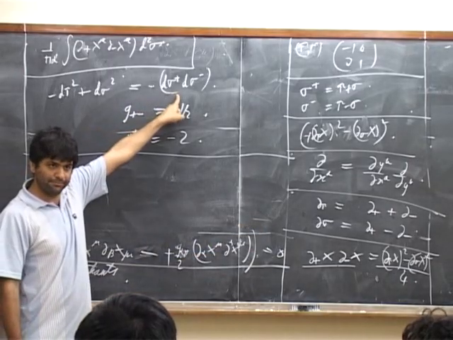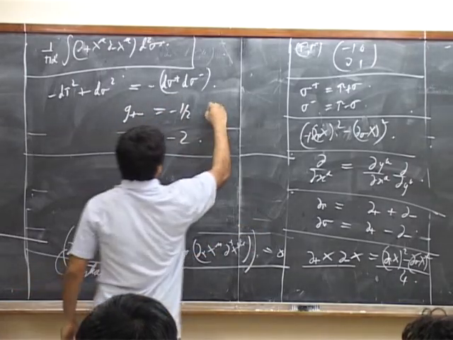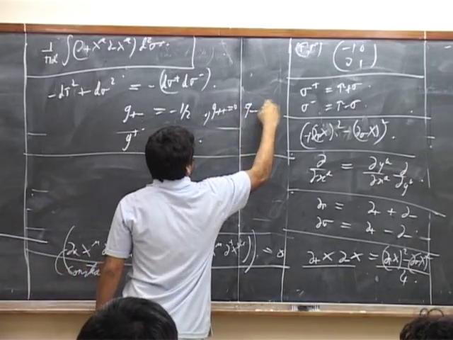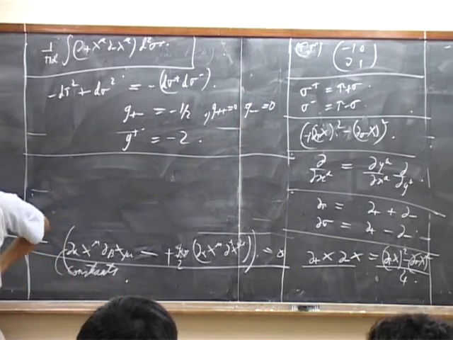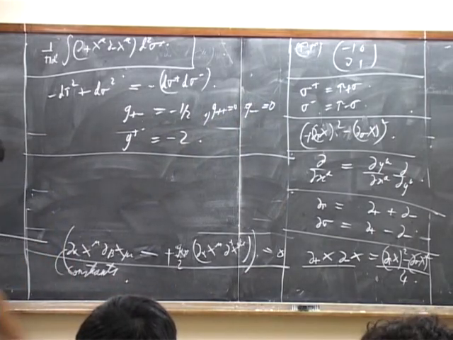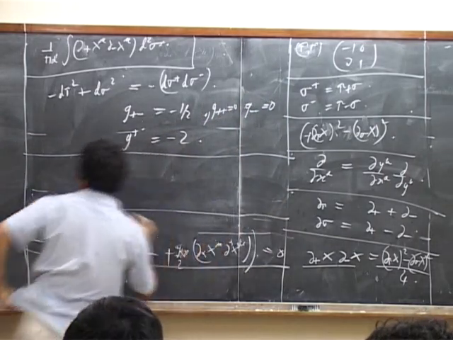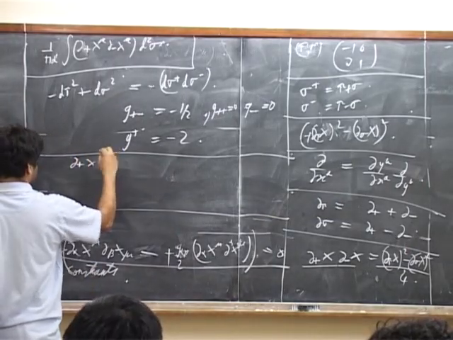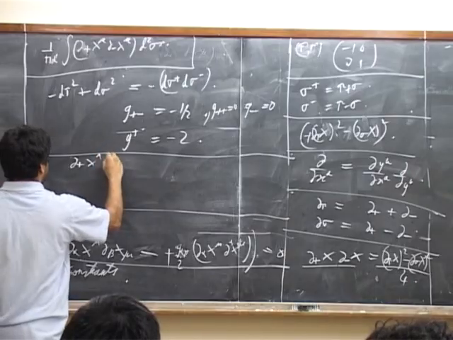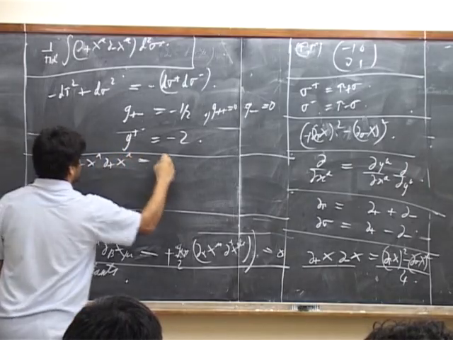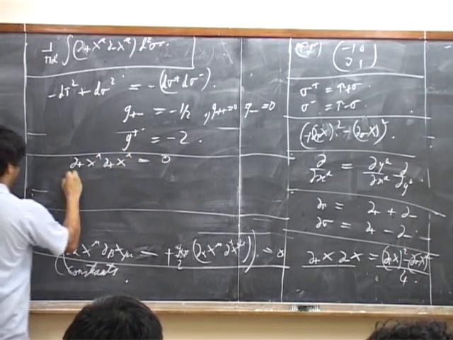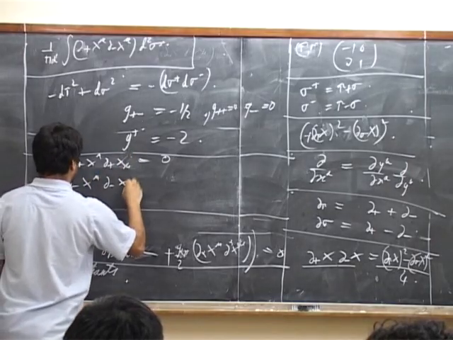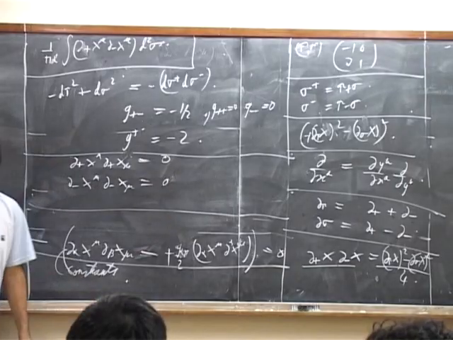So when I say G plus minus is nonzero, I should supplement that by G plus plus equals 0, G minus minus equals 0. Is that clear? Okay, so two of the constraints are very simple. The del plus of x mu, del plus of x mu is equal to 0, and del minus of x mu, del minus of x mu is equal to 0.